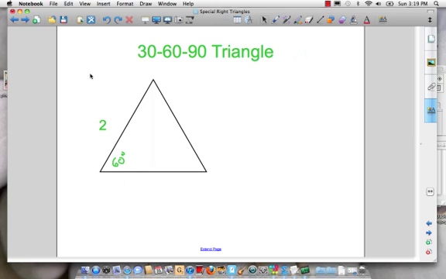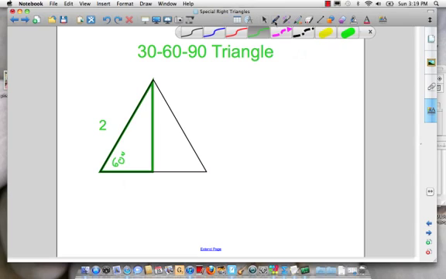Now, what we really want is a right triangle with angles 30, 60, and 90. So if you think about splitting the equilateral triangle in half, that's what you get. We know from geometry that we've split the side in half. We also know that this angle is 90 degrees.